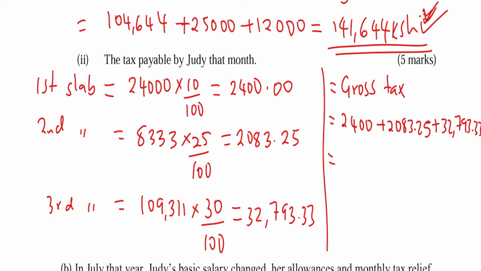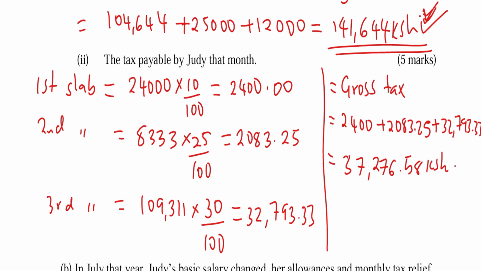So how much does it give us? 2,400 plus 2,000, and 83.25 plus 32,793.33, it gives us 37,276.58. So I get 37,276.58 Kenyan shillings. So that's your amount, right? That's only your gross tax.